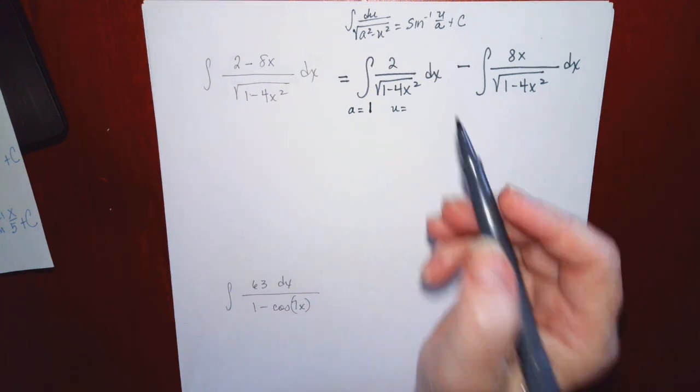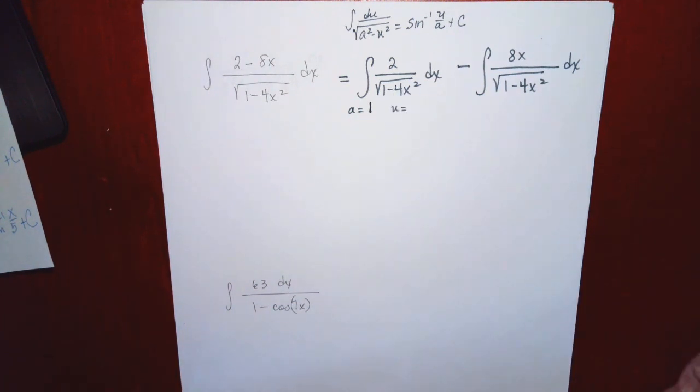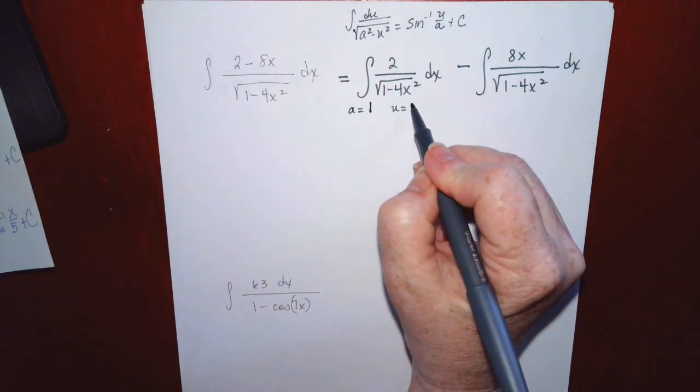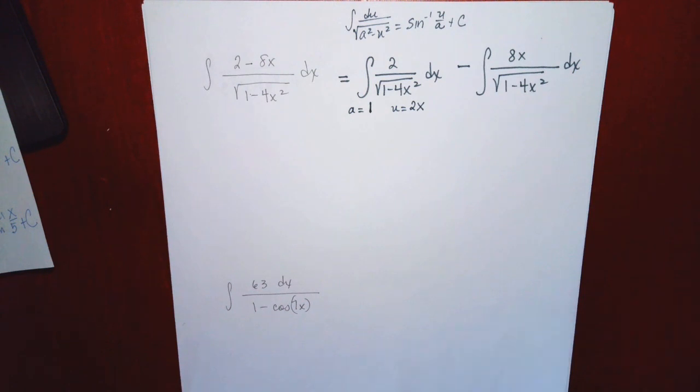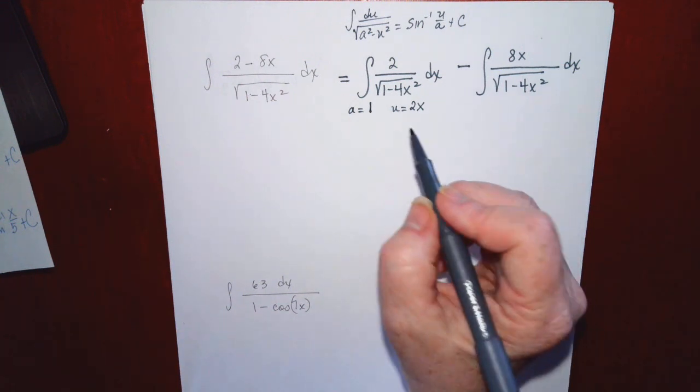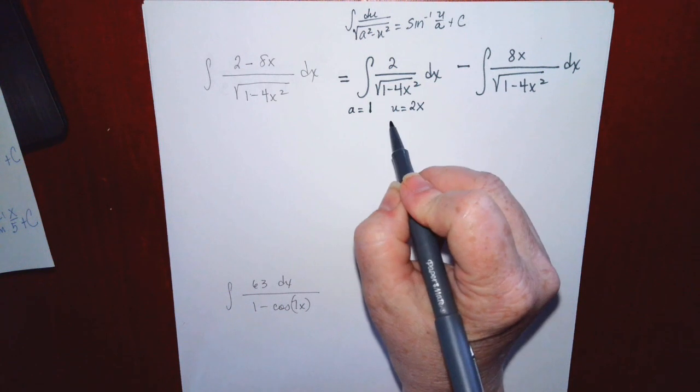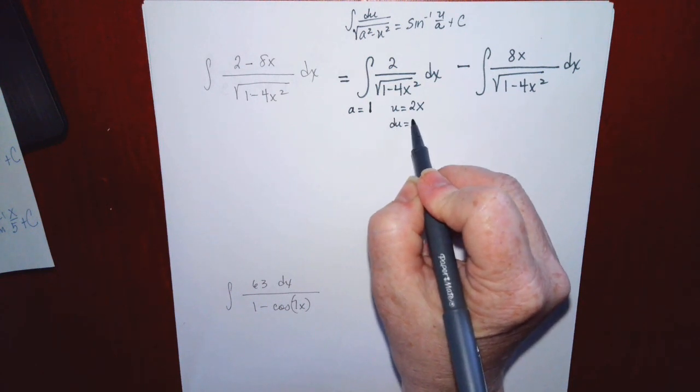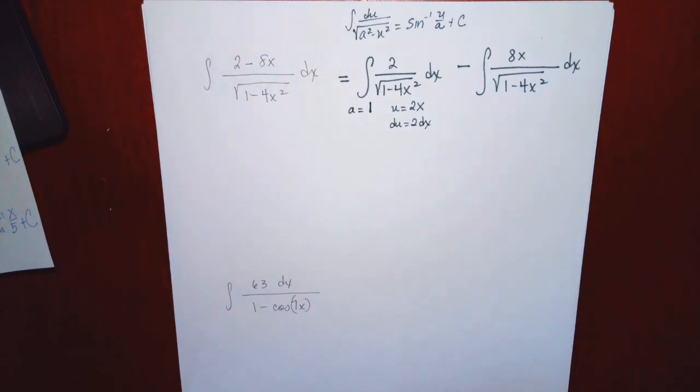So what about this guy? What's the square root of 4x squared? We're going to take the non-negative square root there, or what we would consider to be just the simplest one we can think of. So we will have, if u is equal to 2x, then du would be 2 dx.